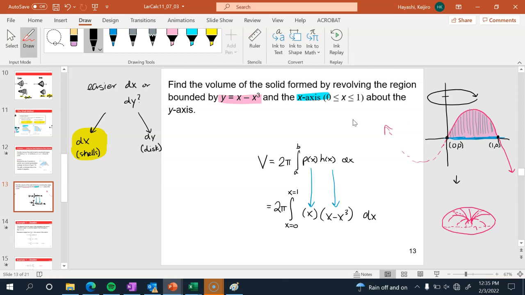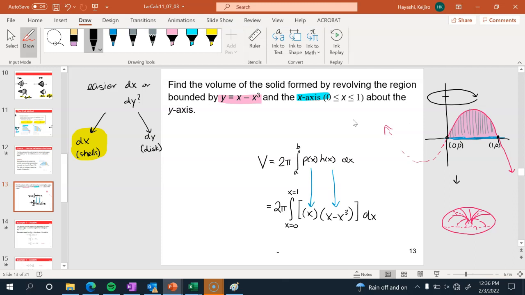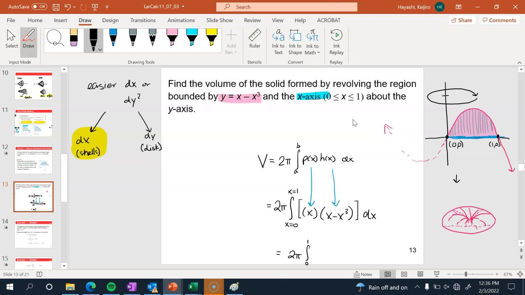And this turns out just to be a polynomial integral once you actually have it all multiplied out, of course. So simplifying that a bit further, that's 2 pi times the integral from 0 to 1 of x squared minus x to the 4th.